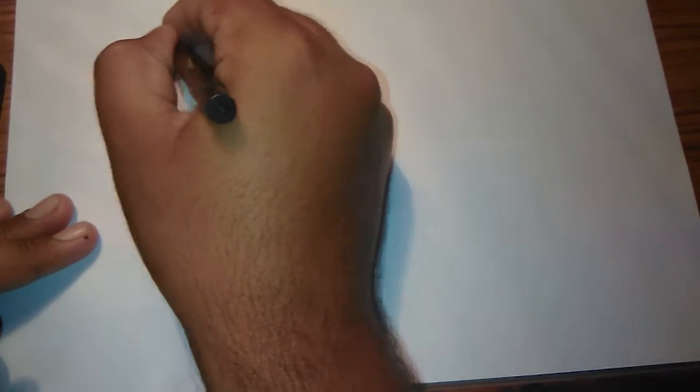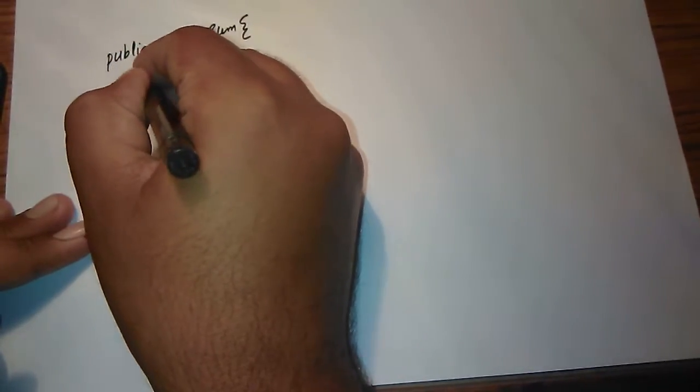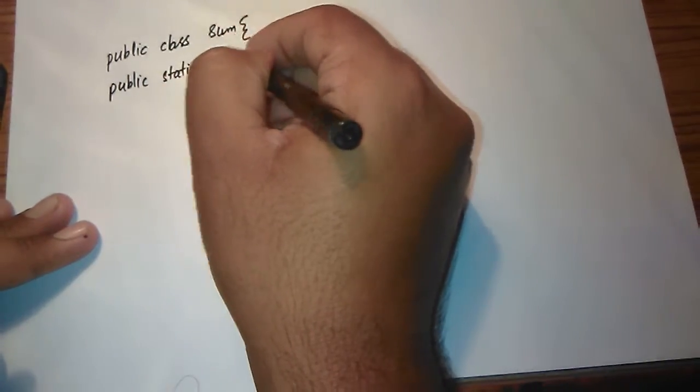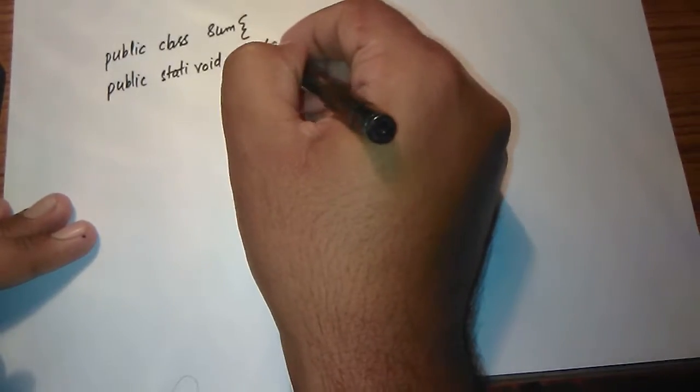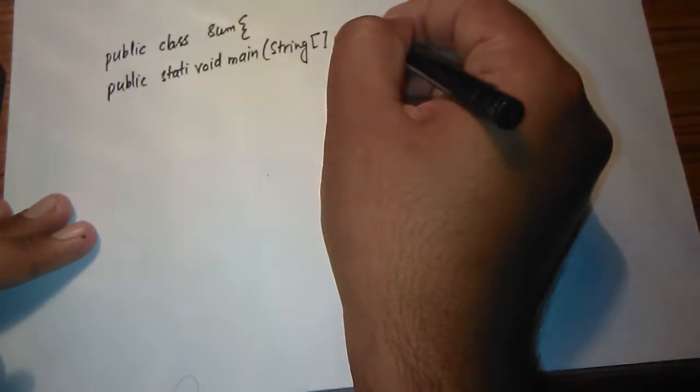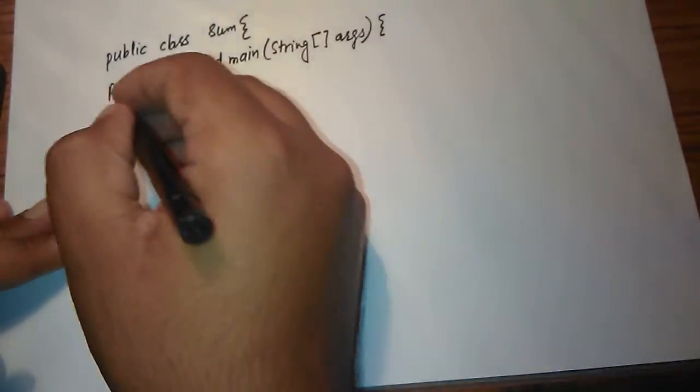So I'm going to write a program here to discuss how this will work. I'm going to write public class Sum, public static void main, and start it.